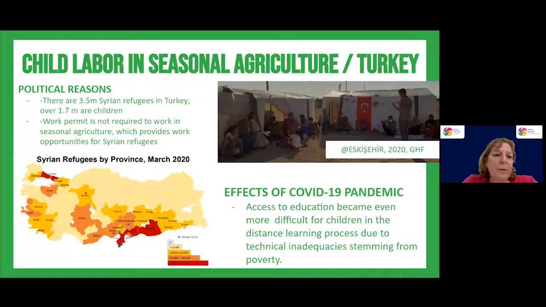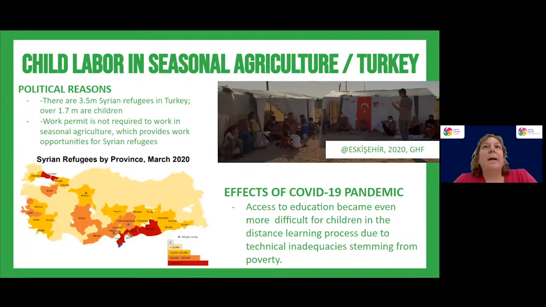There are also political reasons. For example, in 2011, after the Syrian war, many Syrian refugees came to Turkey. In the first 3 years, we thought they would go back to their countries, but they didn't go. And half of them are children.